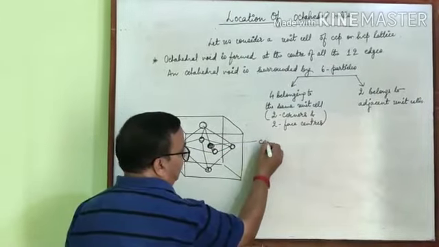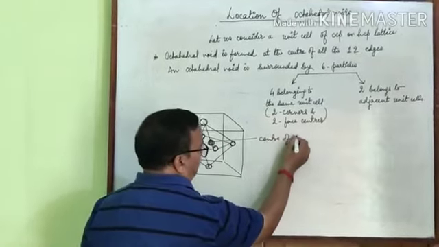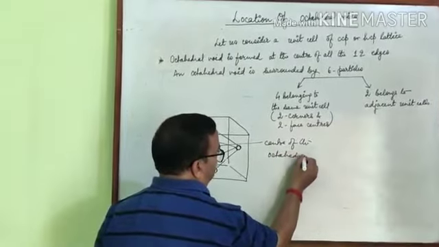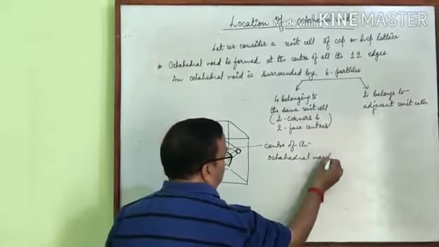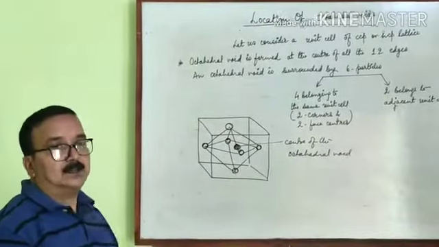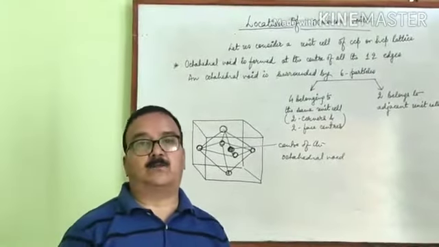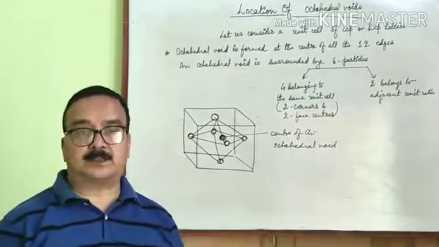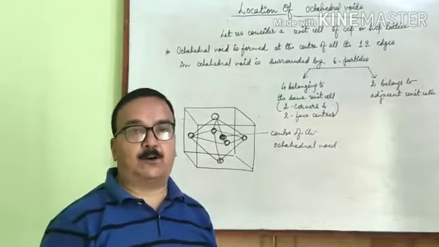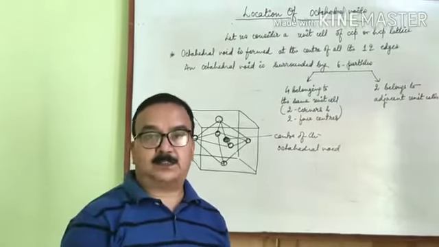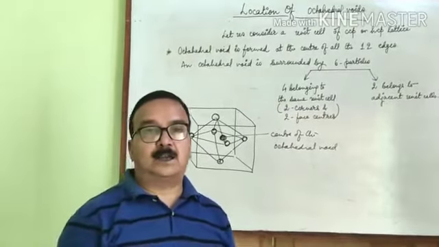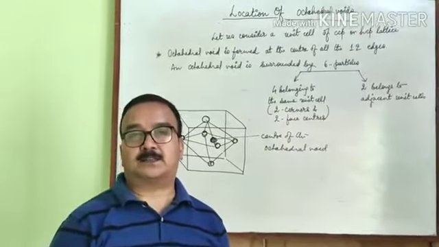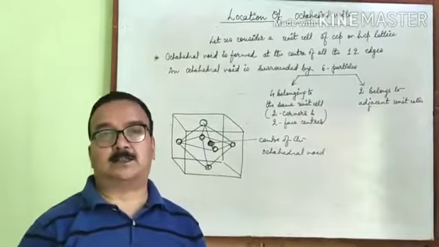This is the center of the octahedral void. So we are observing that octahedral voids are formed in 2 different ways. In the first case, an octahedral void is formed at the center of all the edges, and in the second case, an octahedral void is formed at the center of the unit cell, that is the cube.